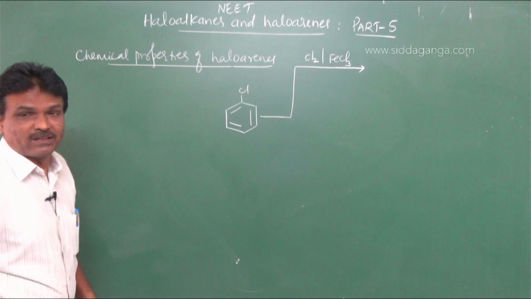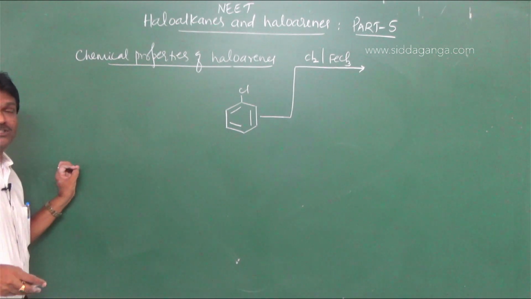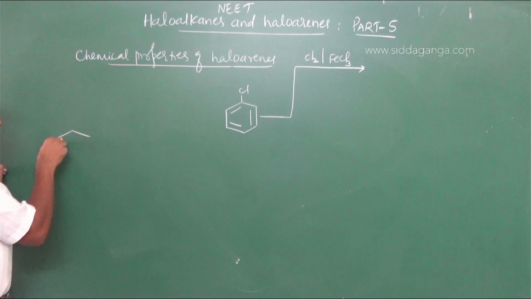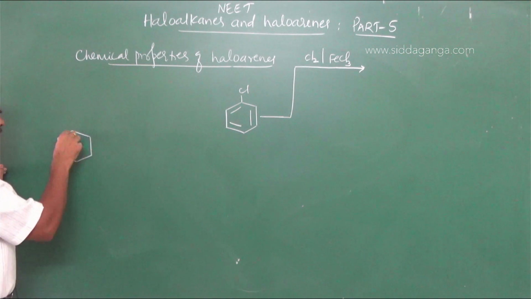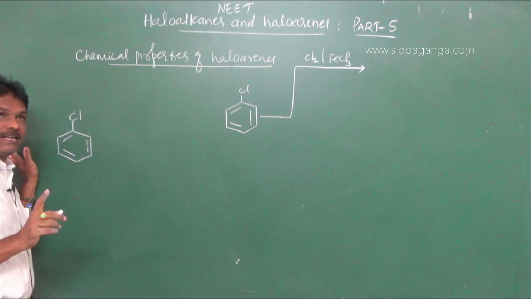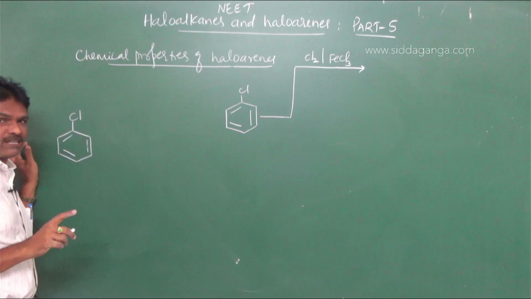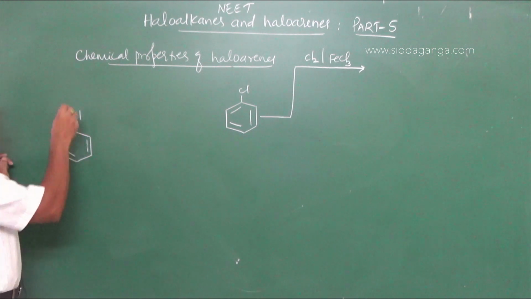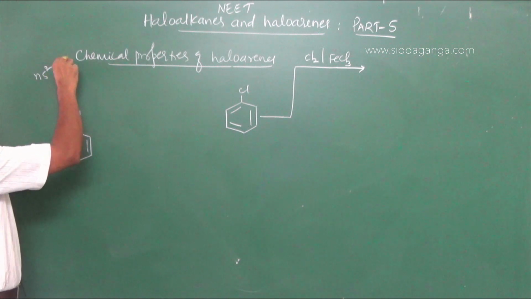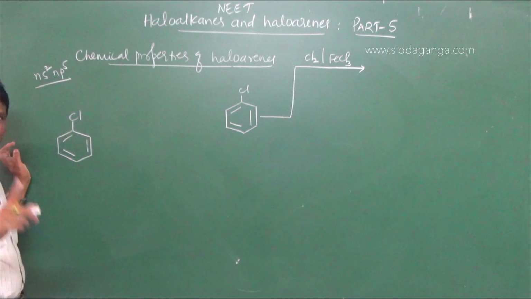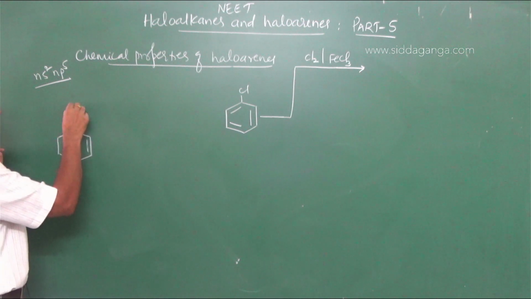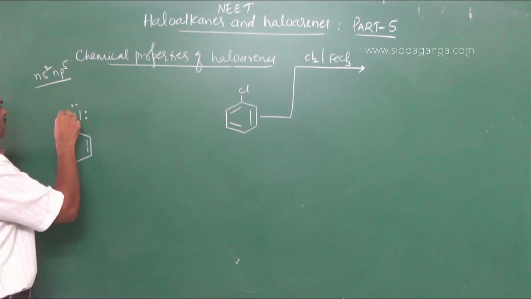The configuration is 3s2 3p5, so totally there are 7 electrons. One electron is involved in the covalent bond. The remaining 6 electrons are 3 lone pairs.